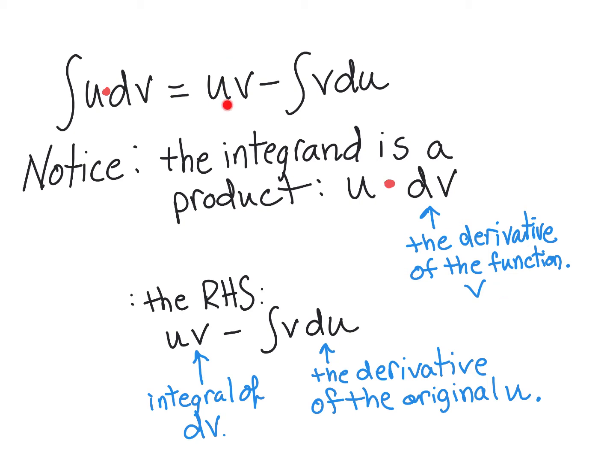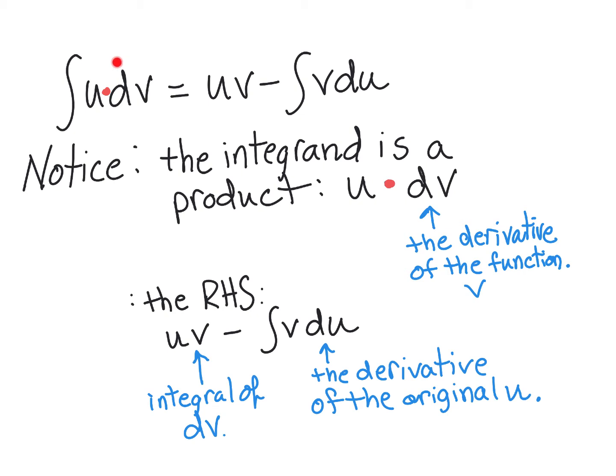So we need the v. We are saying something equals u and something else equals dv. We have to find the v. The way we find v is we're going to take the integral of what we set dv equal to. Then, to get the du part of our integral, we have to take our original u and find its derivative.